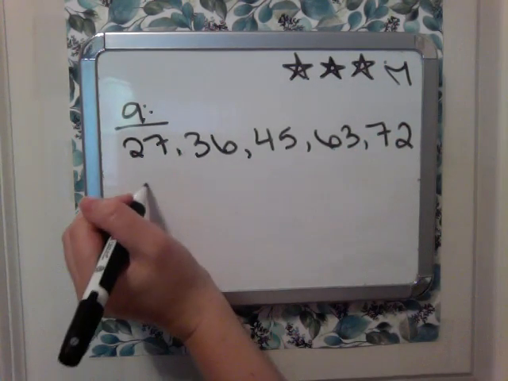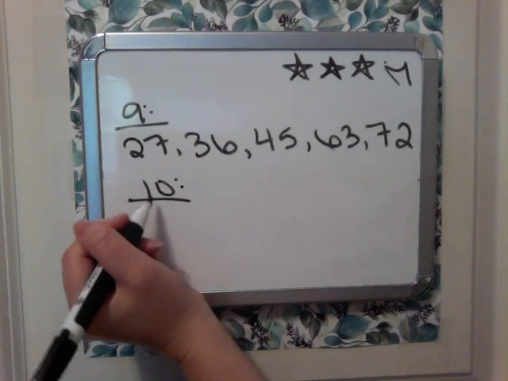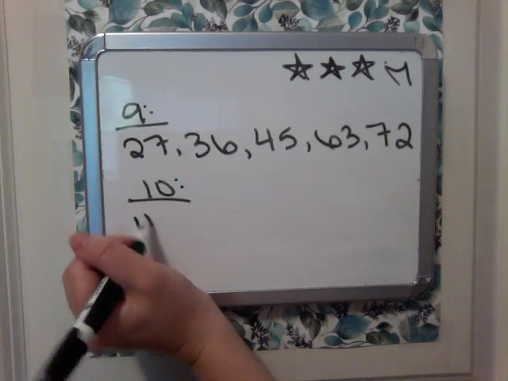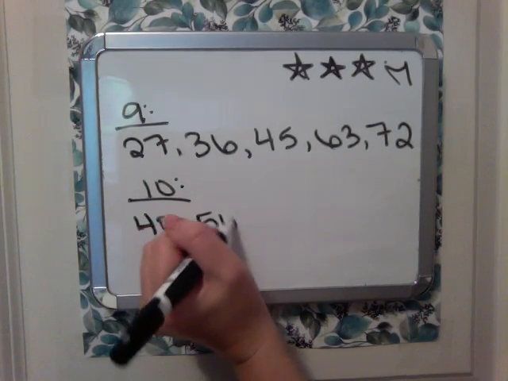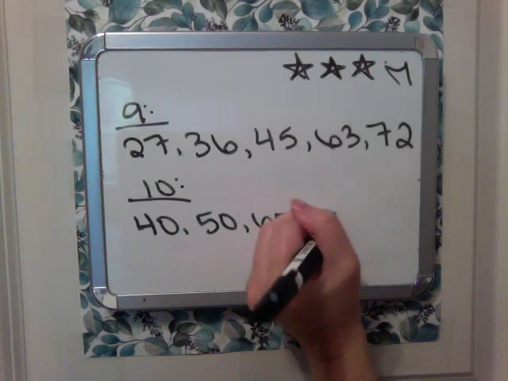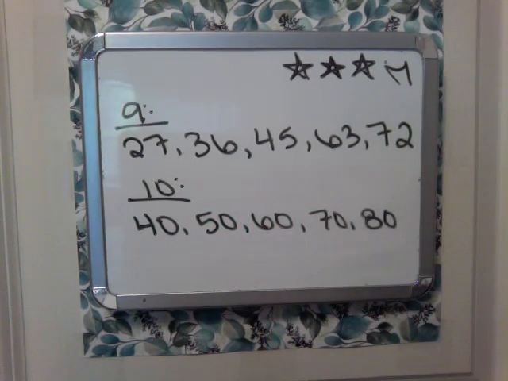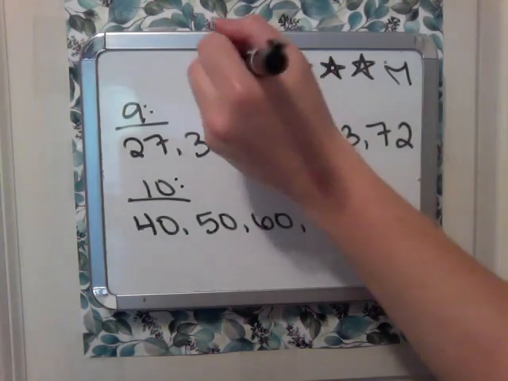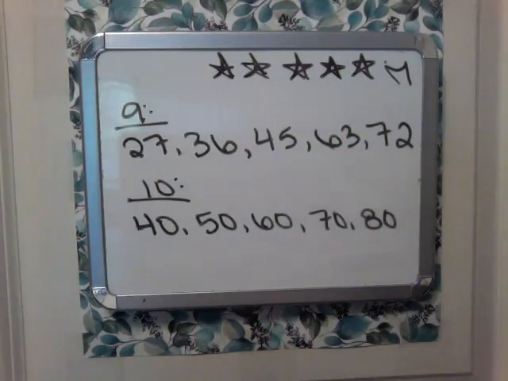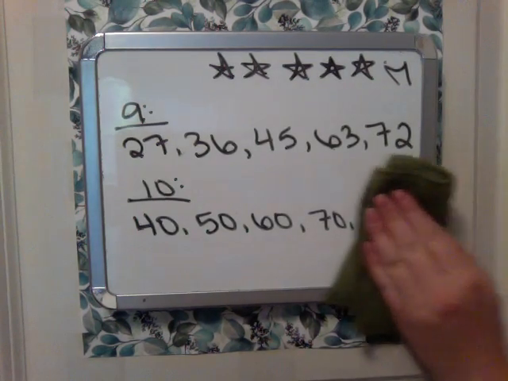We also have multiples of 10, so we're skip counting by 10, starting at 40. So 40, 50, 60, 70, 80, and so on. Give yourself 1 star for each set of multiples that you listed. If you made any mistakes, just go ahead and fix it on your paper.